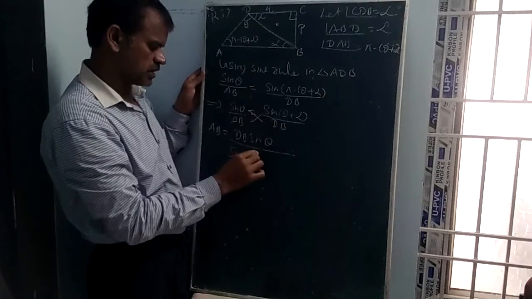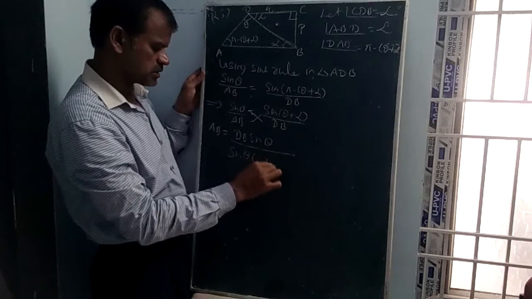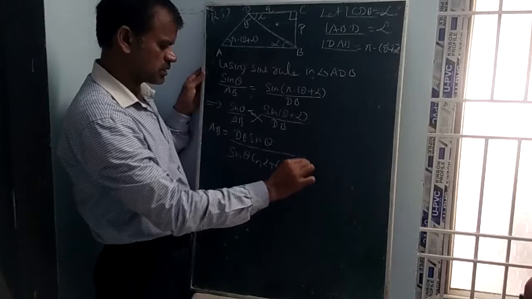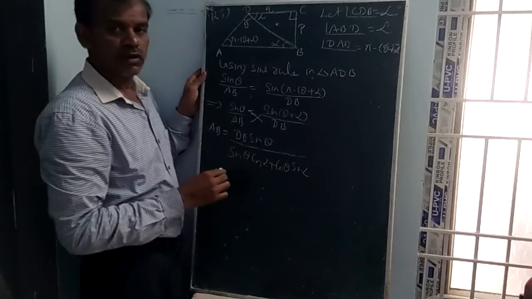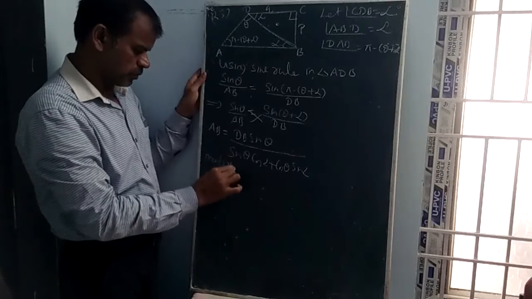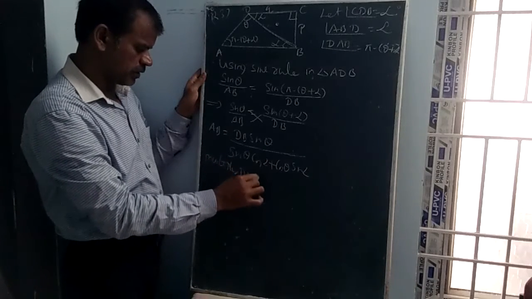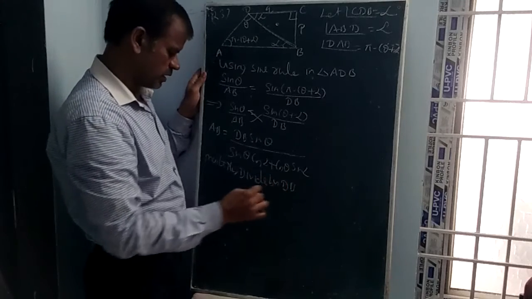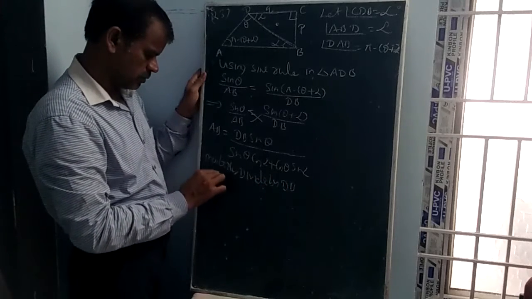Expand like this: sine theta cos alpha plus cos theta sin alpha. Now I am writing multiply and divide by DB.